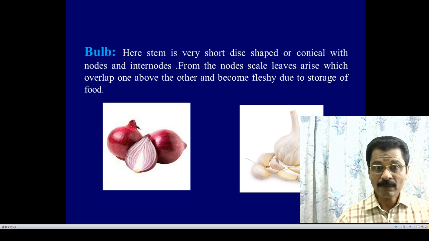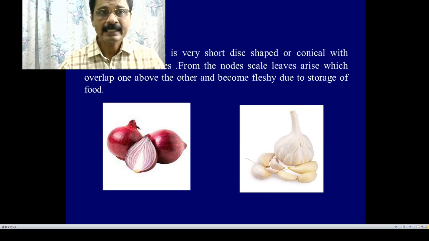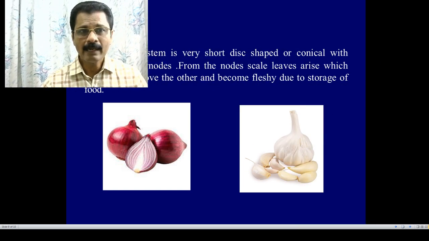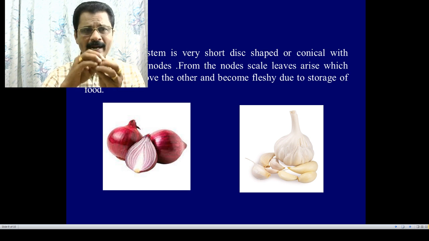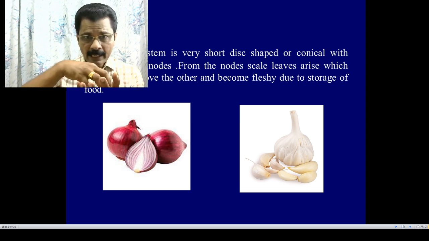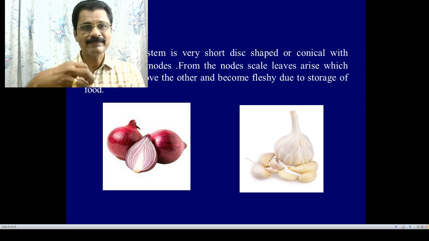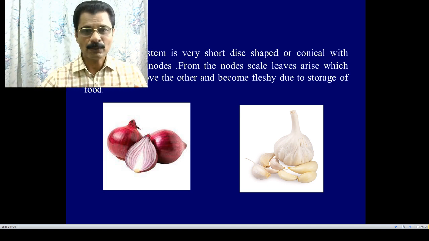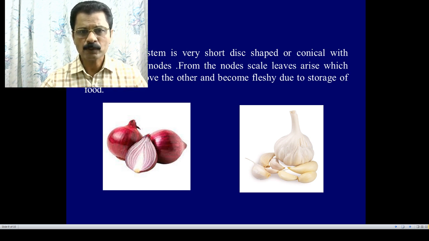Then in the case of garlic, if you take garlic, see, each small bulb has an outer covering, and the entire bulb is also covered with another covering. So if you remove the outer covering, then you will get small onion-like bulbs. Here you can see this one.